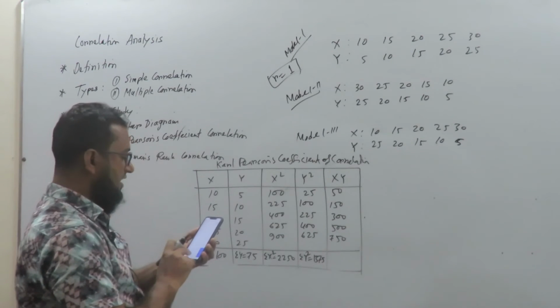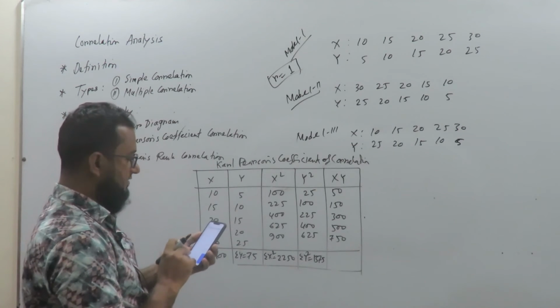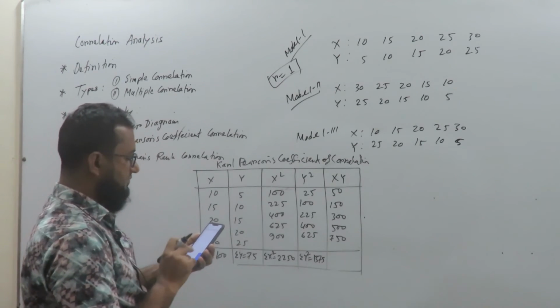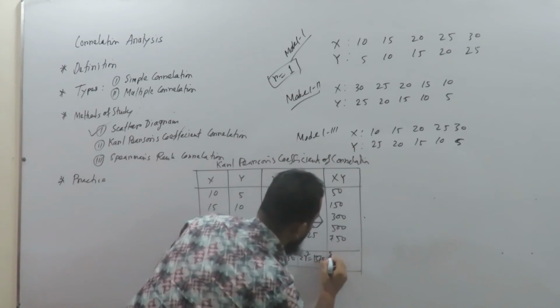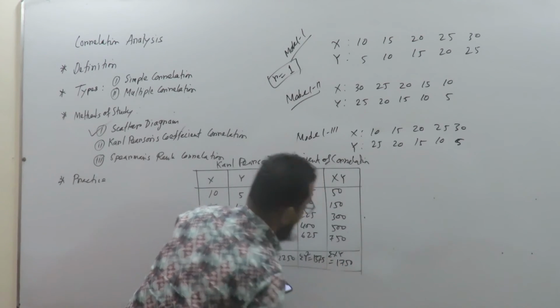Finally 50 plus 150 plus 300 plus 500 plus 750, summation xy equal to 1750.